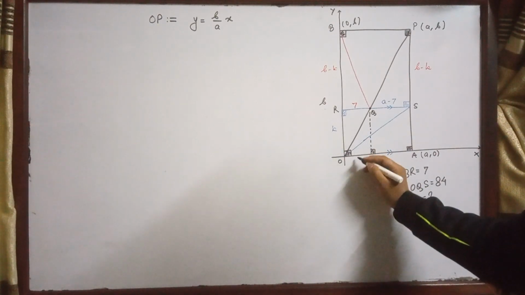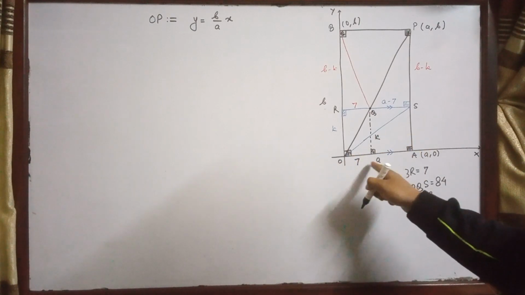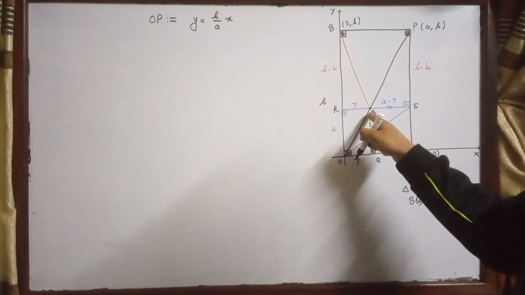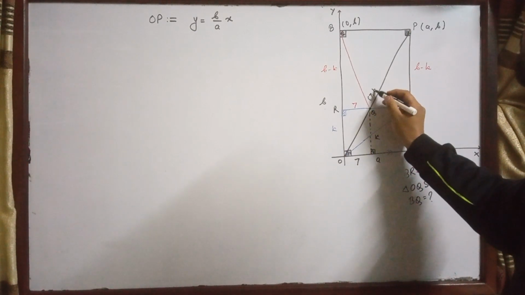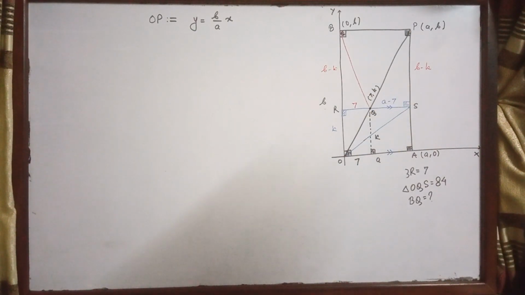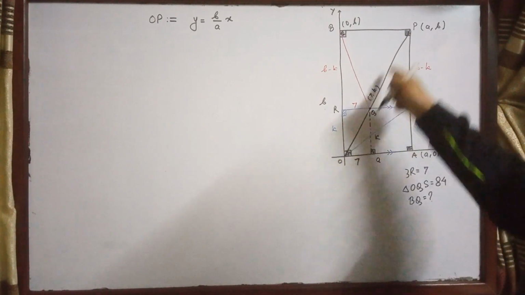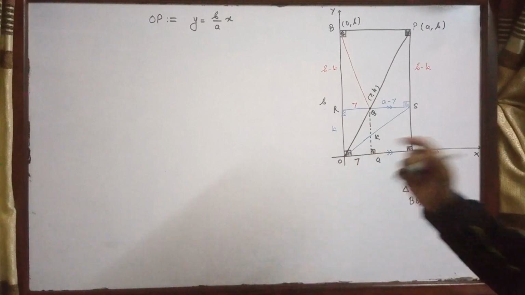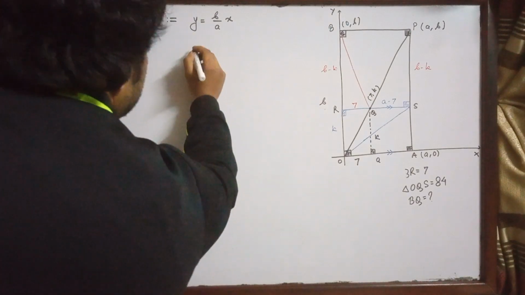This is 7 and this is K. So the coordinates of the point Q are (7, K). Since Q is a point on the line OP, it must satisfy this equation.